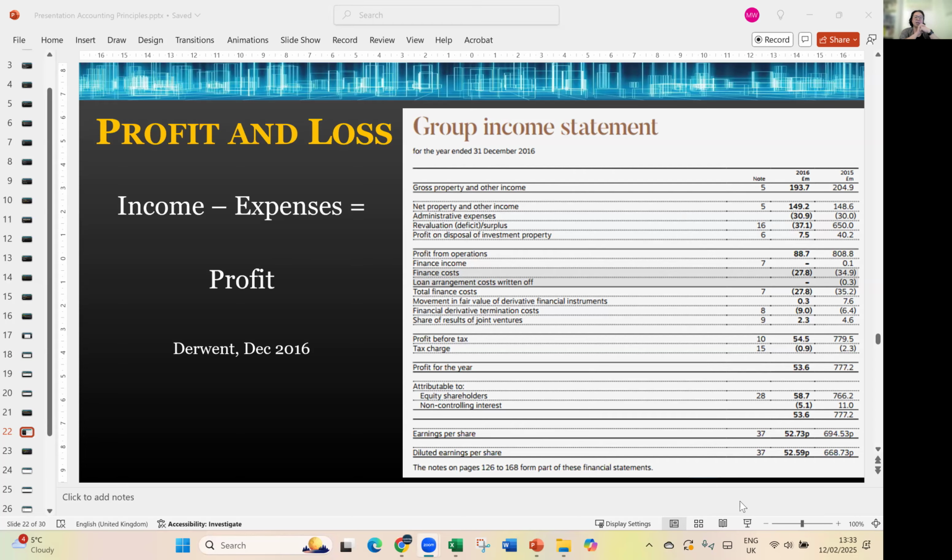If the values of the property go up and they put this in your income statement, it means you're going to be very profitable, but it doesn't mean that you have cash, because the revaluation of properties is not a cash item, so to say. Your property going from 100 to 120 doesn't mean that you have 20 in your bank account. However, it does go through your income statement if you are a property company like Derwent is.